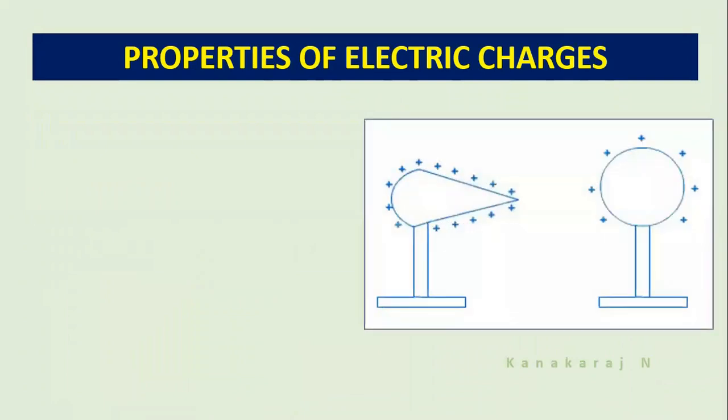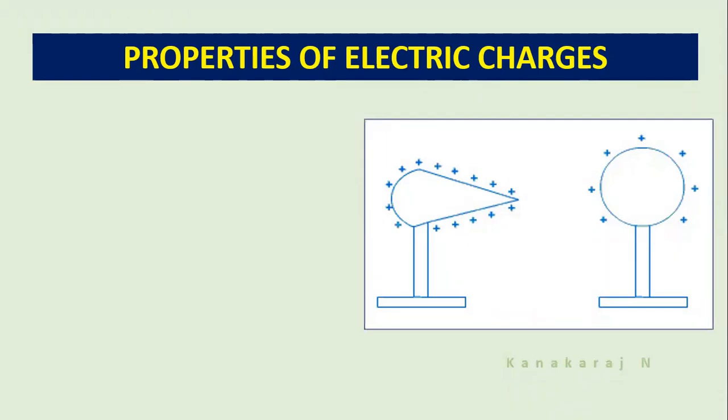Let us go for the next one. Here you have a conducting material body placed on an insulating stand. Now these charges are pushing each other because of mutual repulsion. They push themselves to the extreme distance, thereby they will be available only on the surface, not in the interior part of the conducting material.